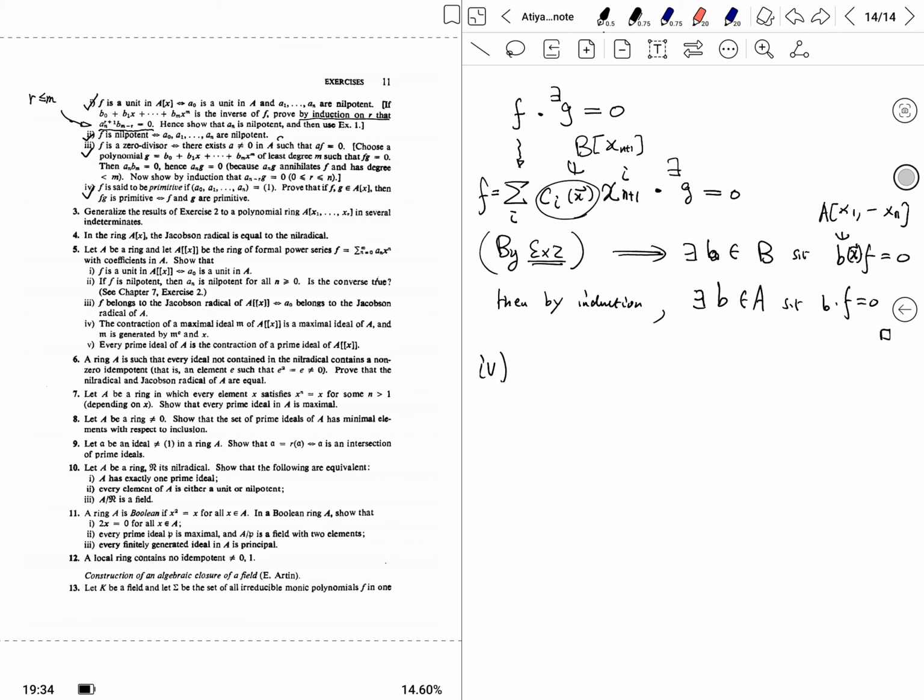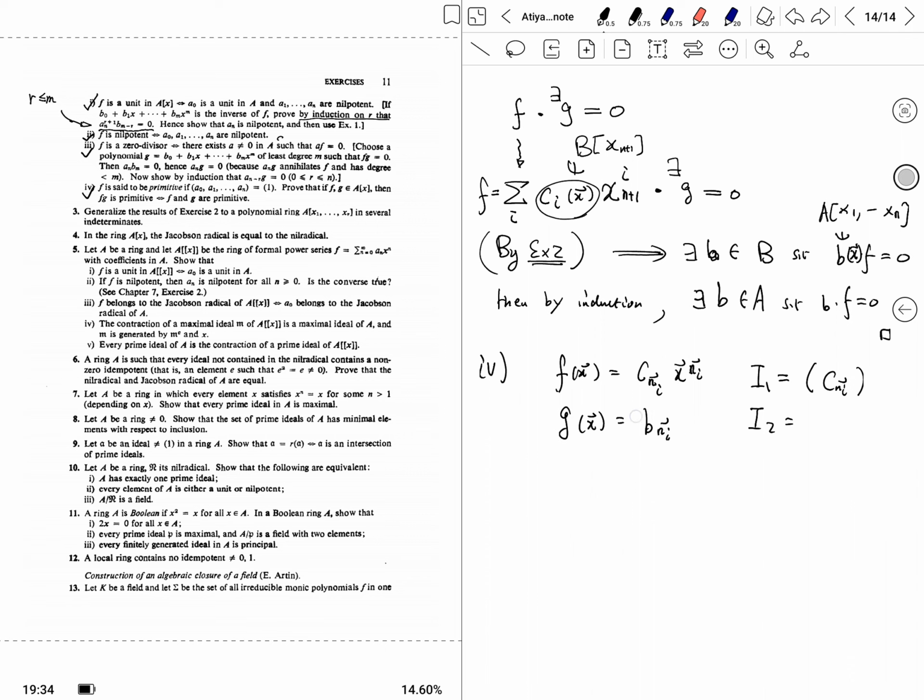F is primitive, so again we have our f, all the coefficients a_i, and I_1 is defined to be all those. Similarly, I_2 is for g, let's call it b_i and I_2.